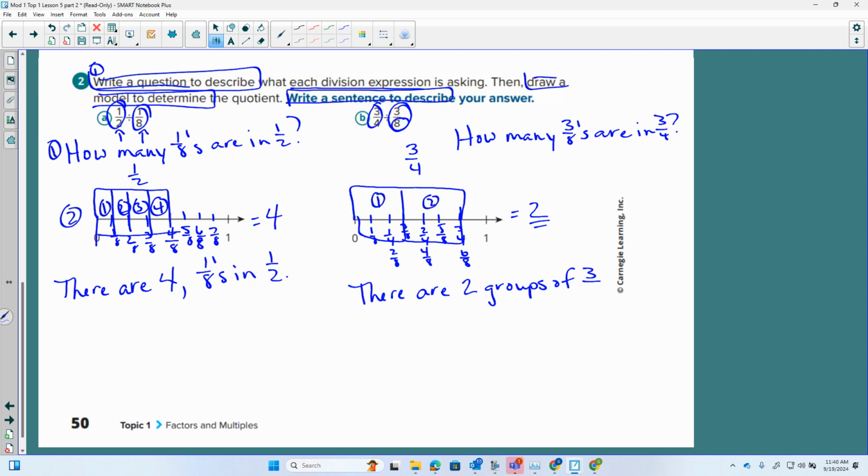Okay, are we good on this so far? We've got 5 minutes to try to finish this page.